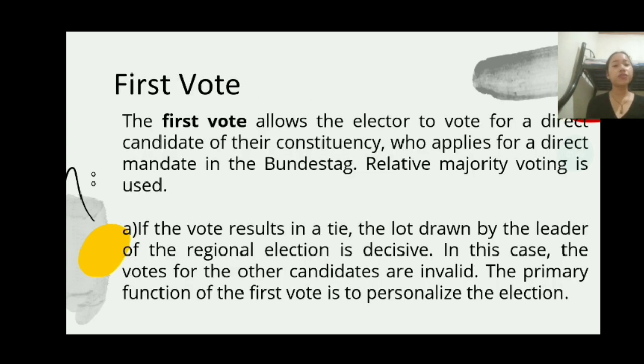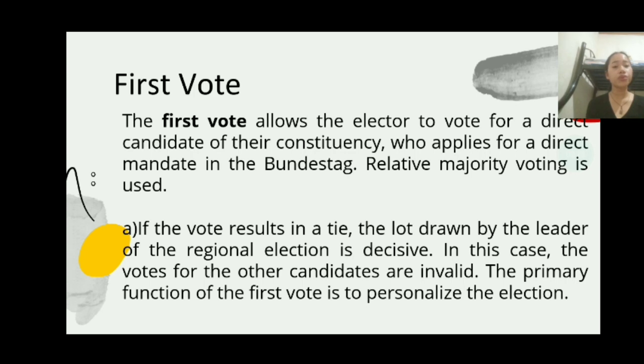The first vote allows the elector to vote for a direct candidate of their constituency who applies for a direct mandate in the Bundestag. Relative majority voting is used in the first vote. When we say relative majority voting, it means that the candidate who receives the most votes gets the mandate.